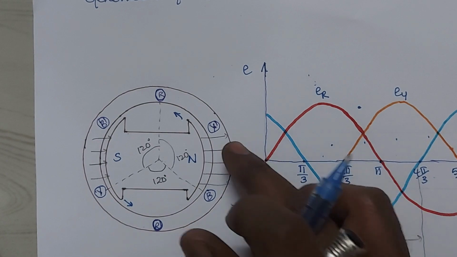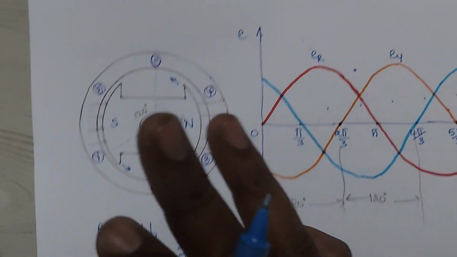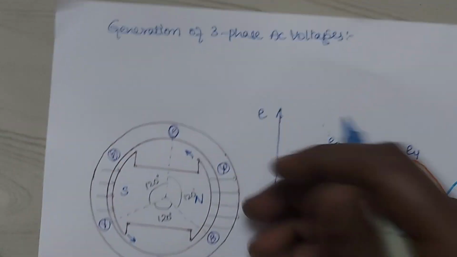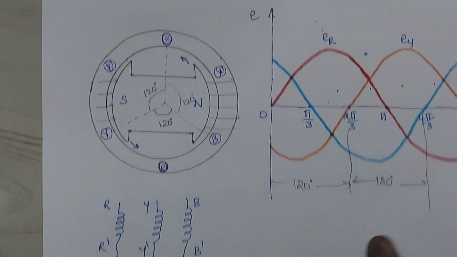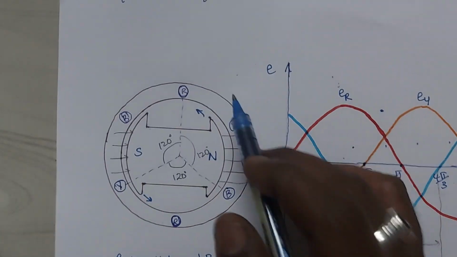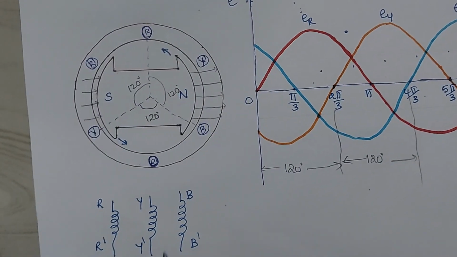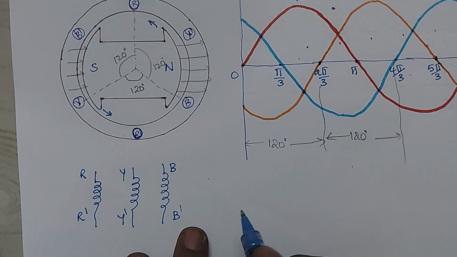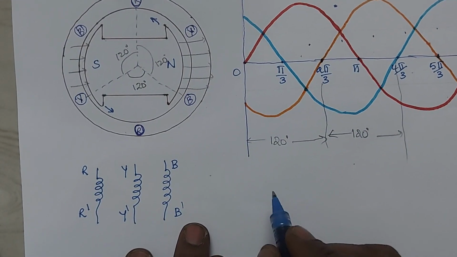A three phase generator means here three single phase generators are there. So now how these three coils can be arranged in a three phase machine, how those three coils can be connected. So here there are two types of connections.